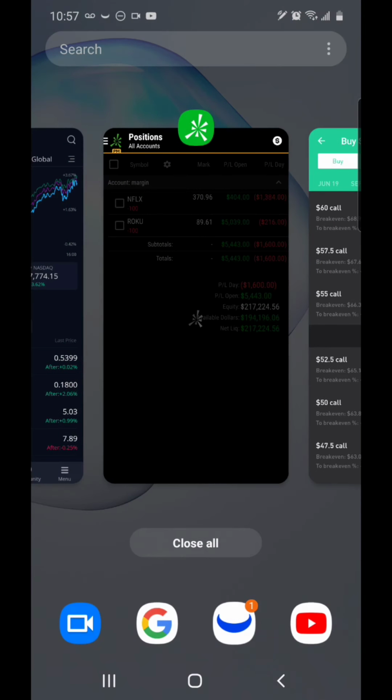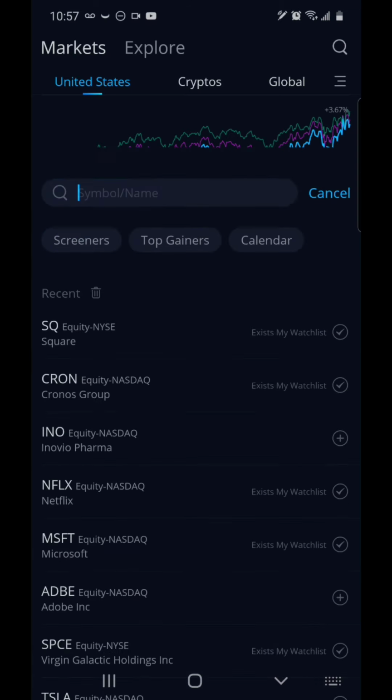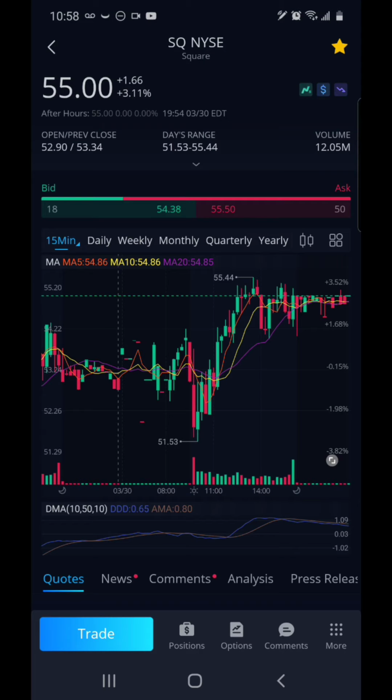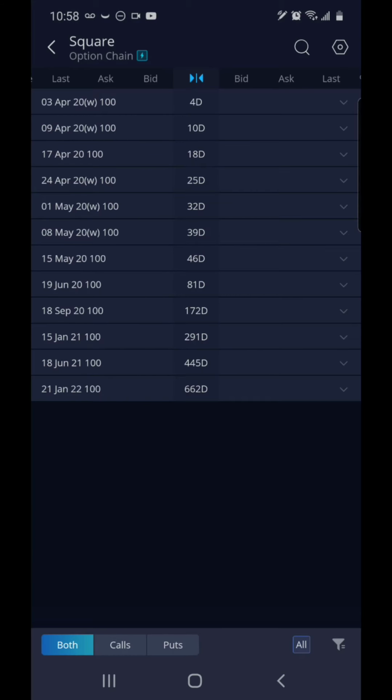So let's move on to Webull. We're going to place the same exact order here. So we're going to search on the upper right hand corner for Square. There it is. And at the bottom where it reads options, you're going to click on that. Now I'm going to close this here and look at the bottom left where it reads both.